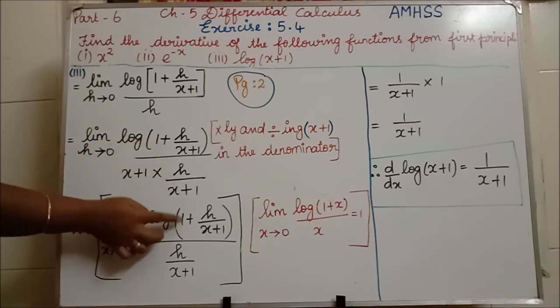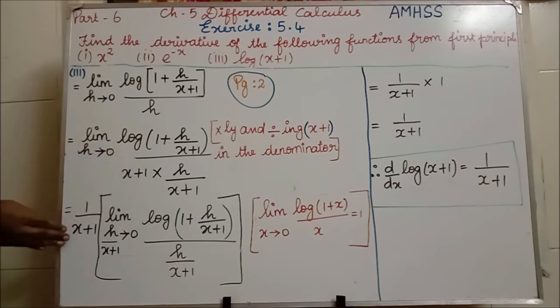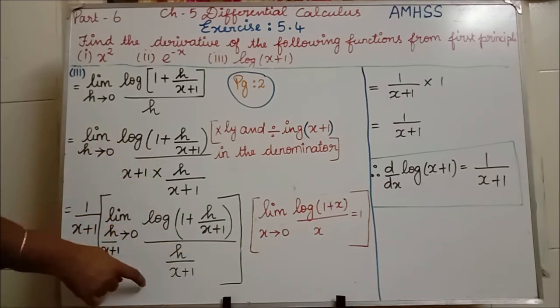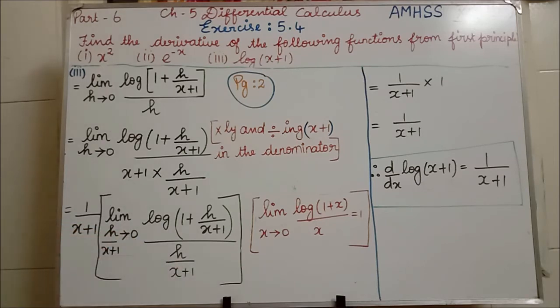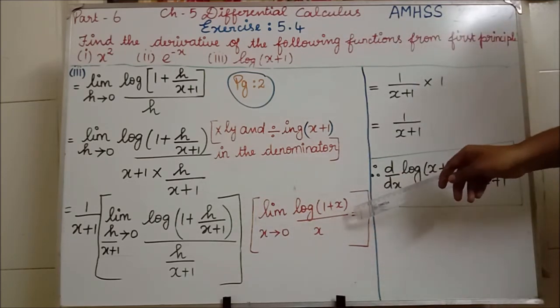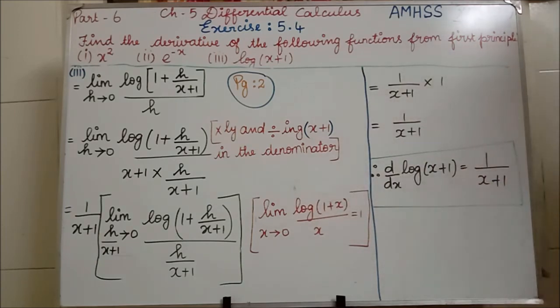Log 1 plus h divided by x plus 1, divided by, this already went outside. So remaining is what in the denominator? h divided by x plus 1. That alone is the denominator. So the next step, if you see, 1 divided by x plus 1 into 1 we are writing. Because that full value, according to the formula, is equal to 1.